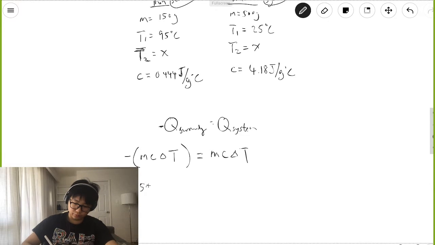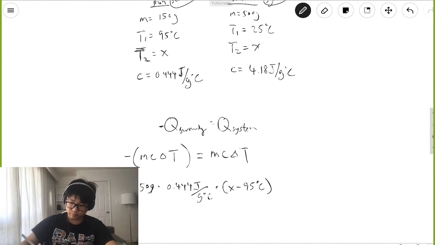We have 150 grams of iron, multiplied by 0.444 joules per gram degree Celsius, and then multiplied by T2 minus T1.